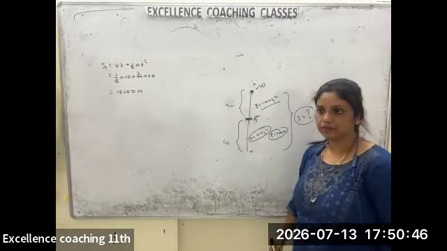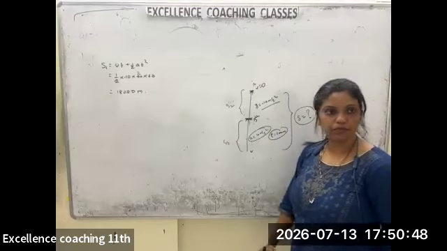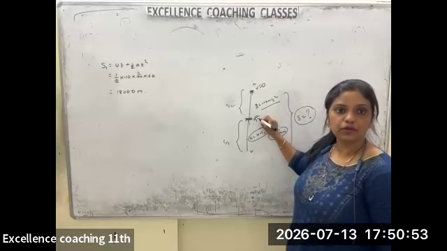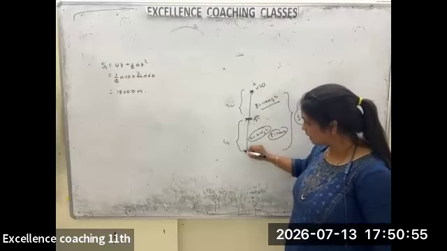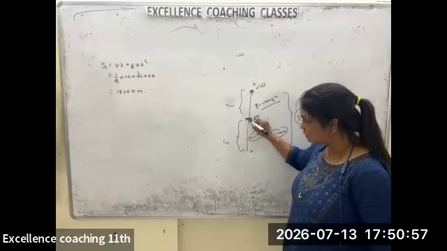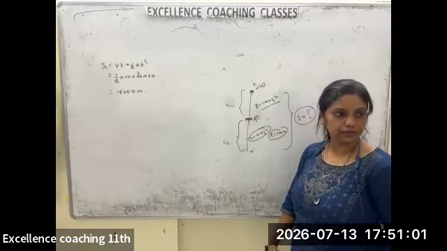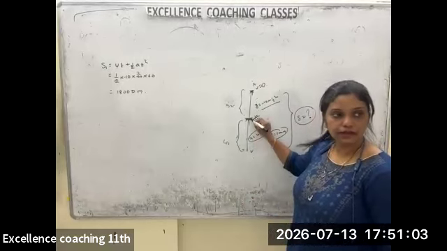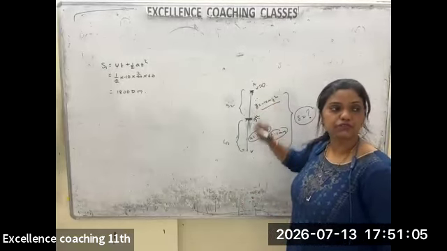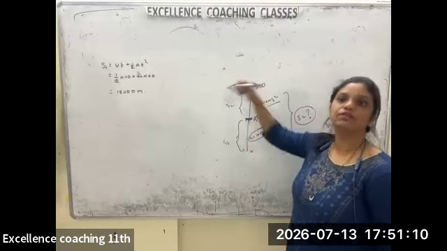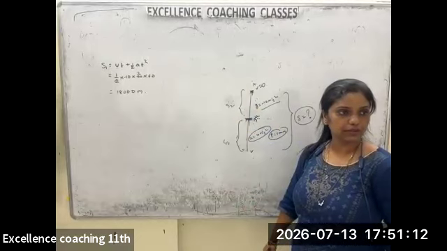Final velocity is 0. How can we get it? This part's final velocity will act as the initial velocity for the second part. This one's final velocity will act as initial velocity for the second one. Correct, no? So find the final velocity for us. That will be the initial velocity for the second one.